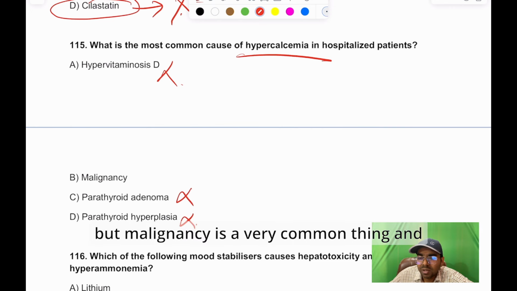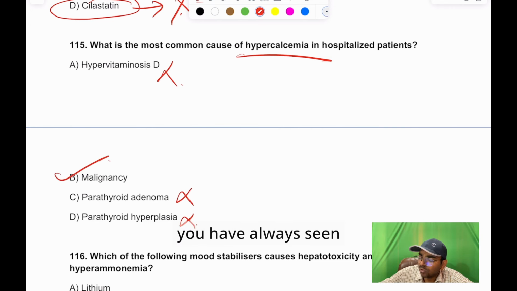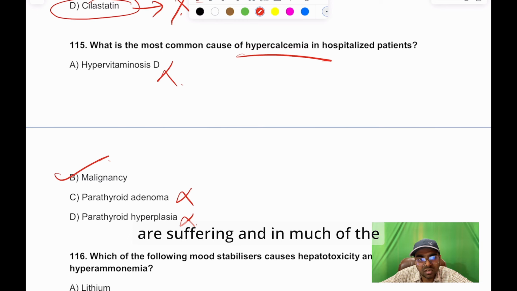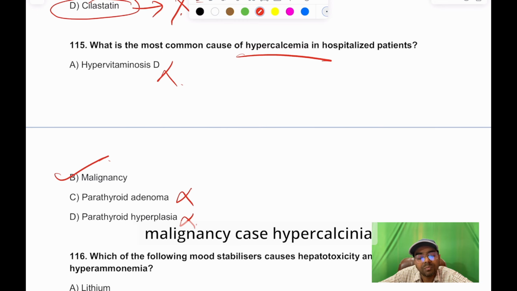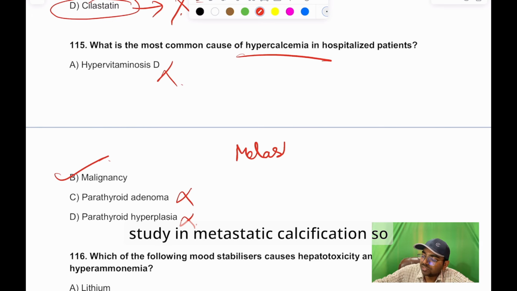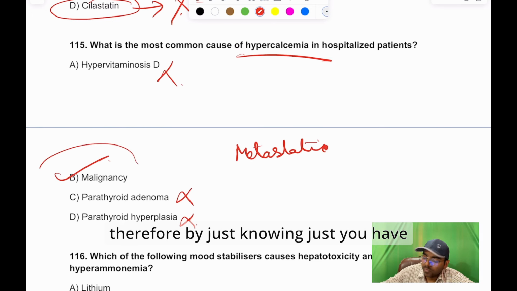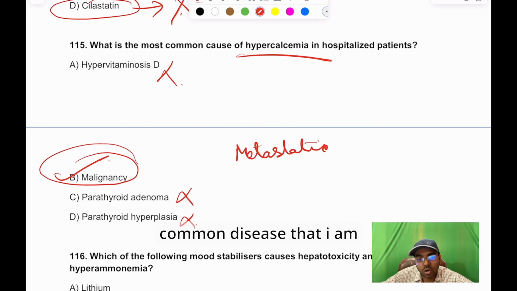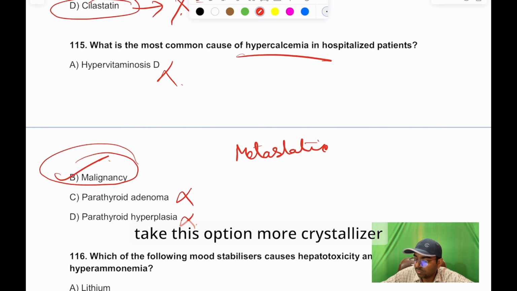But malignancy is a very common thing, and many people are suffering from malignancy, and in many malignancy cases hypercalcemia is possible, and that's what we study in metastatic calcification. So just apply your presence of mind: this is the most common disease that I see all around, so I will take this option.